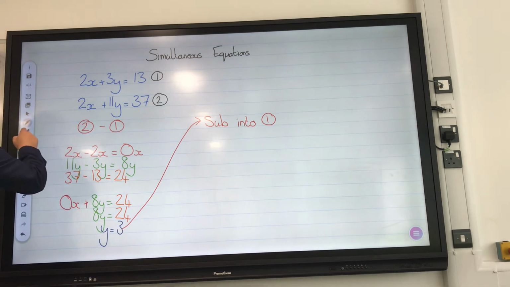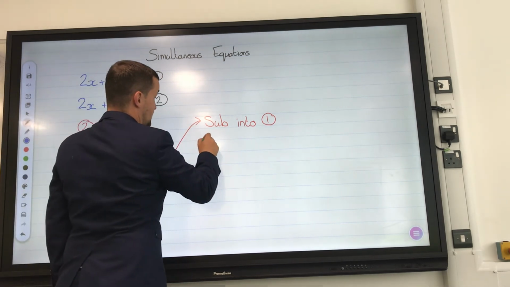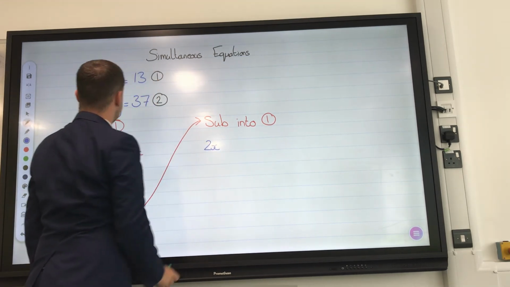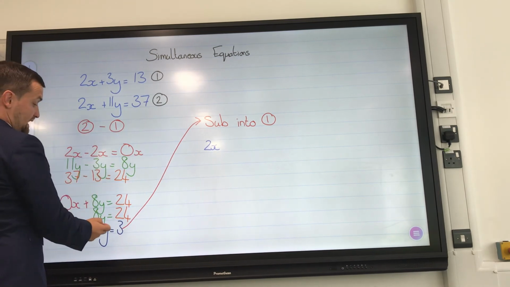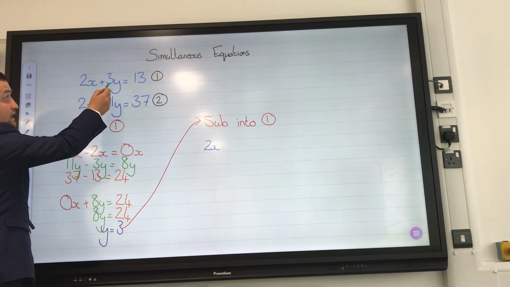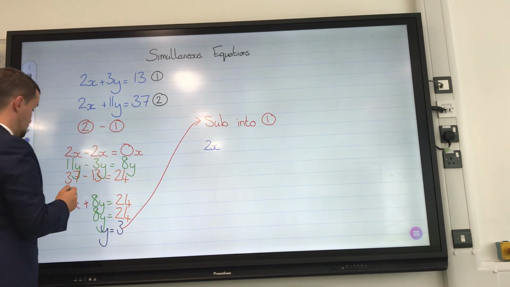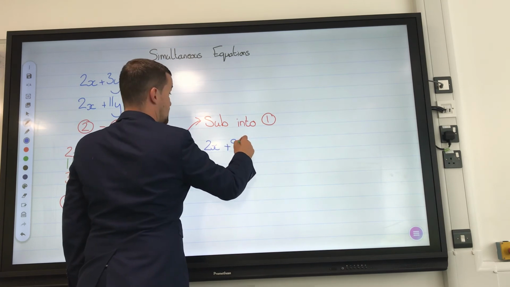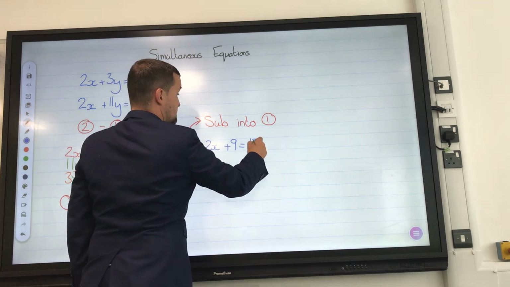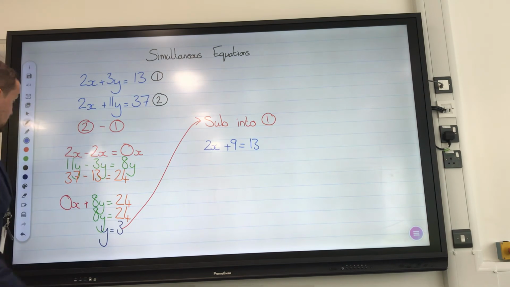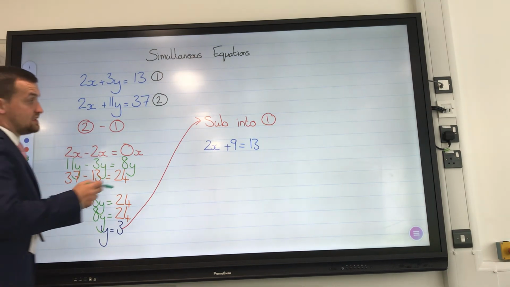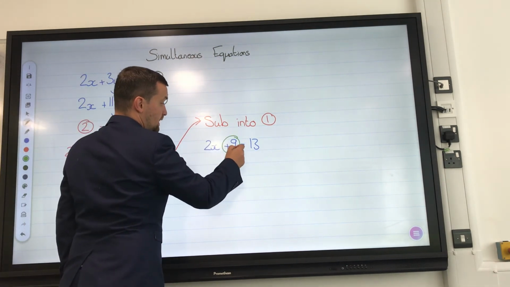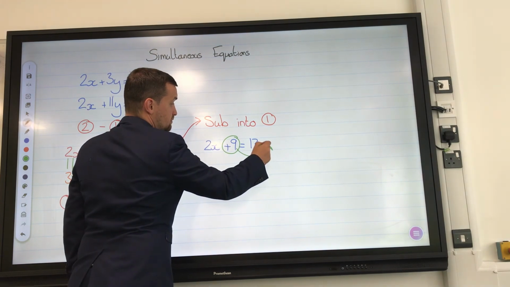We don't know what x is, so we're going to have 2x on its own. We know that y is 3, and 3y means 3 times y. So what we've got, 3 times 3 is 9, and we know that equals 13. Now we've got to just solve an equation. It's rearranging. So I'm going to take this plus 9, and I'm going to put it on the other side.